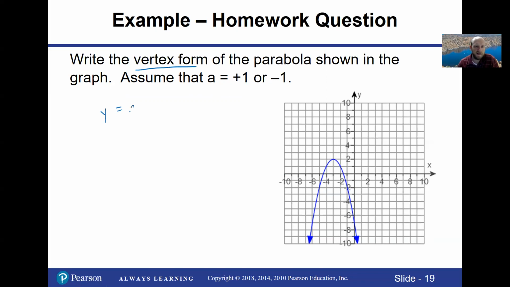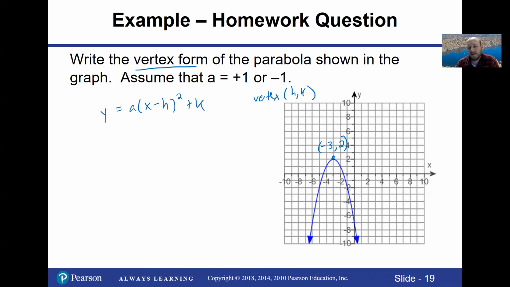Vertex form looks like this. We should know that by now from this lecture. And assume that a is equal to either positive 1 or negative 1. What do we need here? We need our vertex, h comma k. The vertex is right here. It is negative 3, 2.